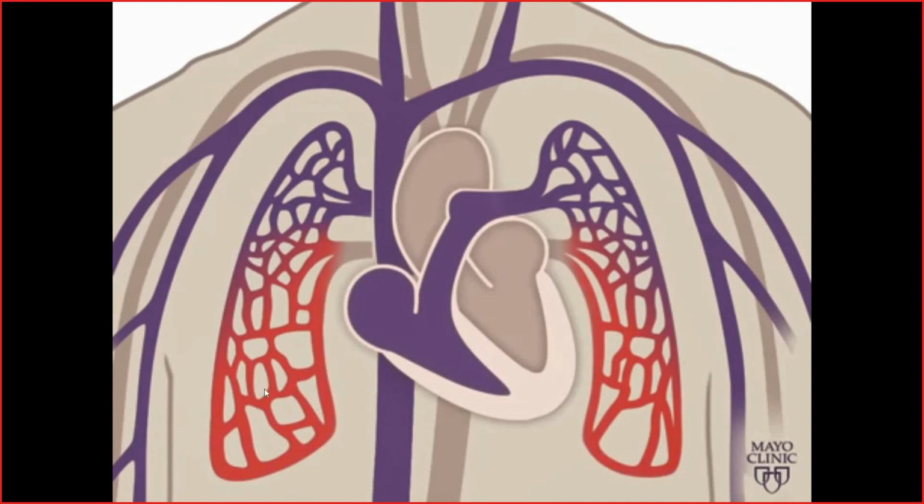And then the blood is collected and goes back to the left atrium through the pulmonary veins, which we saw before. There are four pulmonary veins that collect the blood, which is rich in oxygen, from the lungs and bring it inside the heart. Why?